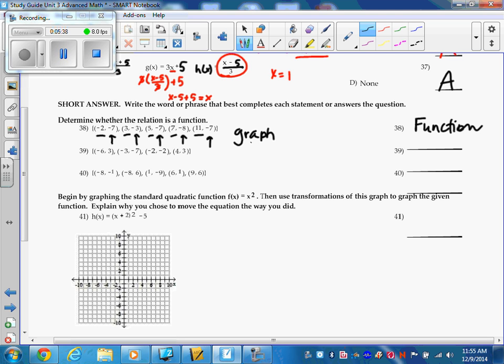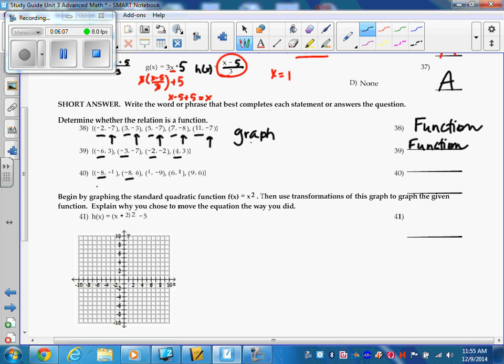Likewise with 39, the x values do not repeat. But again, if you need to graph this, by all means do that and use the vertical line test. This is a function. If you need to stop the video and graph these, you can see that it will pass the vertical line test. Now we get to question number 40. Negative 8 goes to negative 1, but negative 8 also goes to 6.